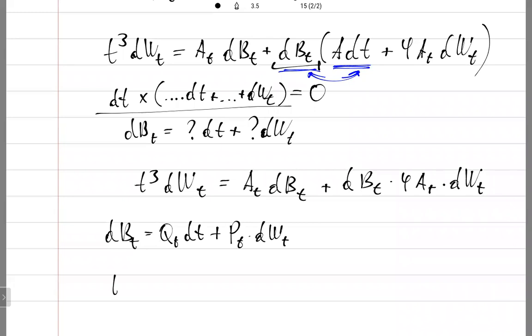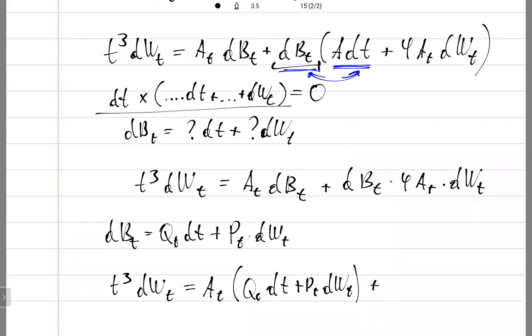What will I have? T cube dwt should be equal to at times Qt dt plus pt dwt, plus, and here dwt times dt will be equal to 0.